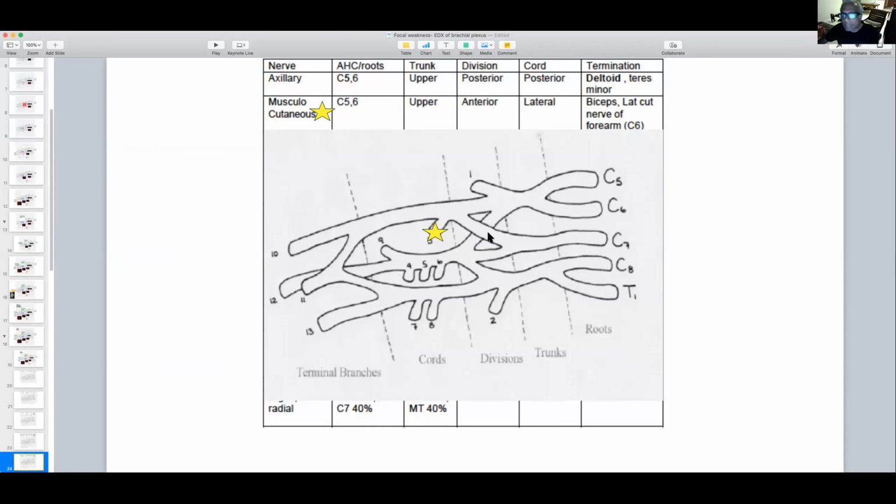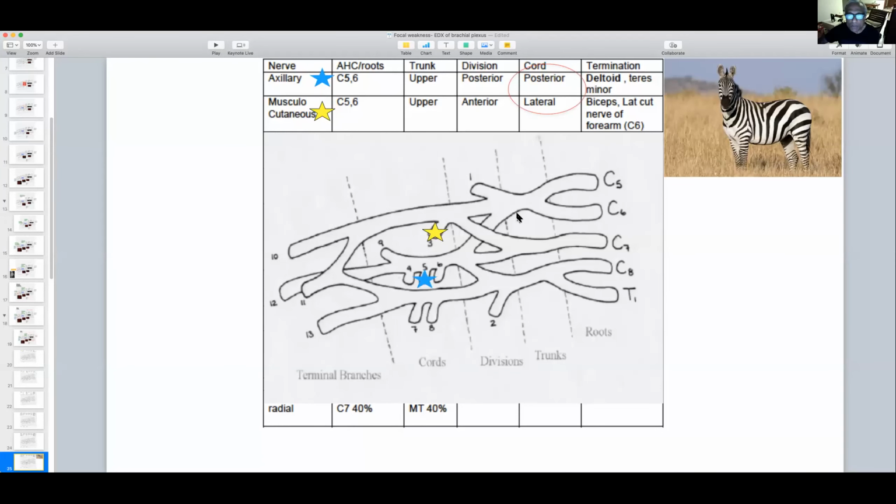So this is very useful for the clinician, right? Because remember, we always talk about the zebra stripe. If you want to differentiate a zebra from a horse, we shouldn't talk about the forelegs. We should talk about the black and white stripes. So if you want to know whether the patient's problem is in the posterior cord or lateral cord, then looking at axillary nerve and musculocutaneous nerve clinically, as well as by EMG, would be ideal.